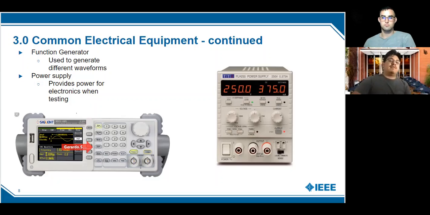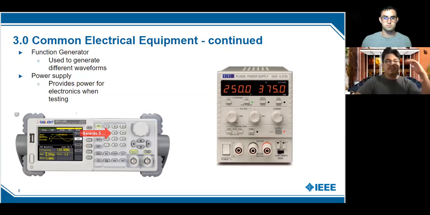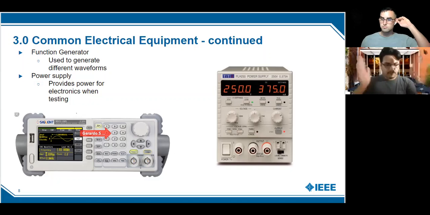So you have different waveforms being applied into your circuit, and you're going to see there's different applications for each. And then what you have here is just a dial, some numbers, and this is just to change different values of your waveform, such as amplitude, frequency, or if you're shifting your signal, whether it be on the y-axis, which would result in your amplitude or voltage, or the x-axis, which would signify time.